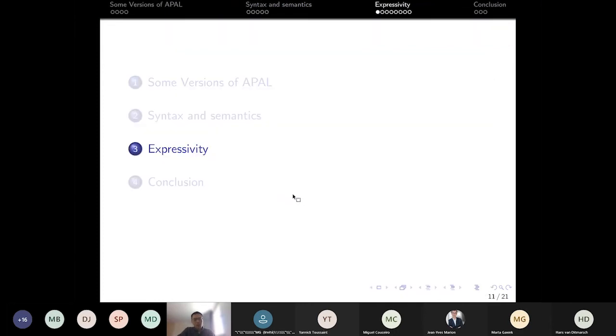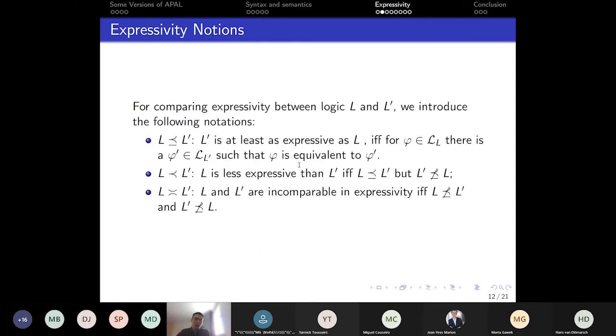Okay, now we are going to show some results of expressivity of these new versions of APAL. First of all, for comparing expressivity between logics, we introduce some notations.